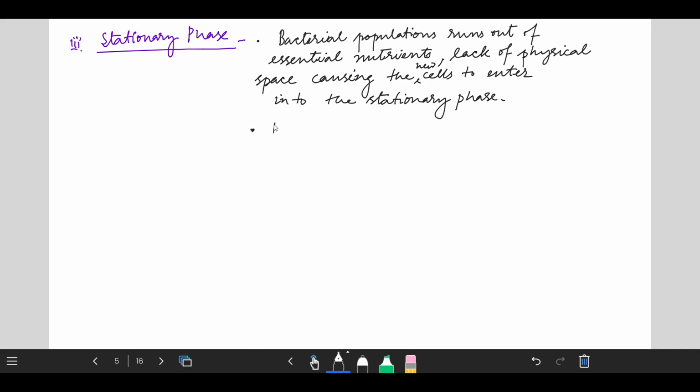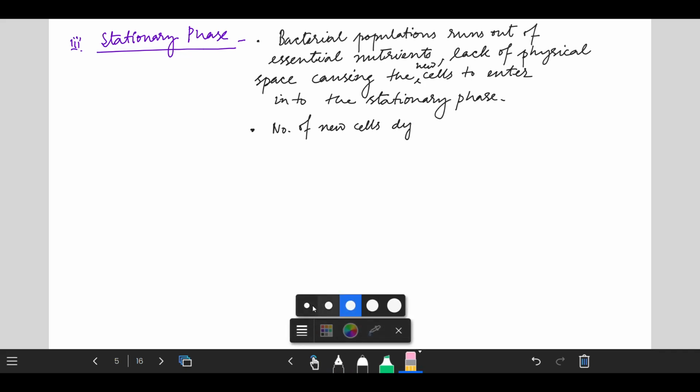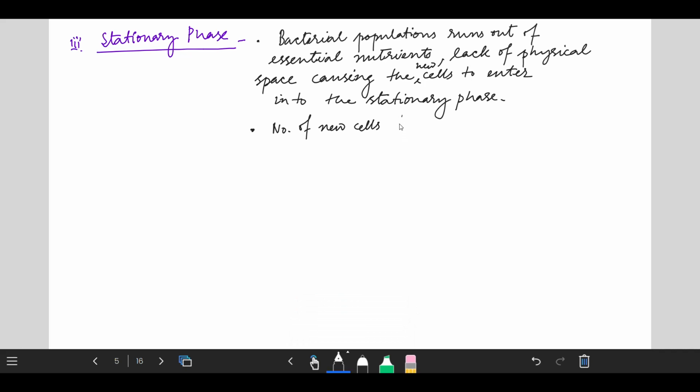So what happens? The number of new cells being produced equals the number of dying cells.